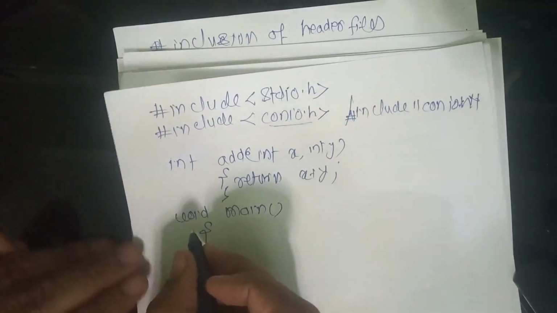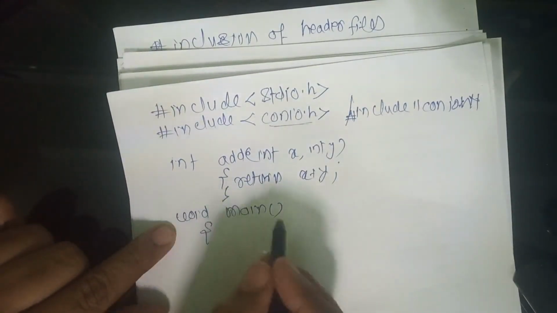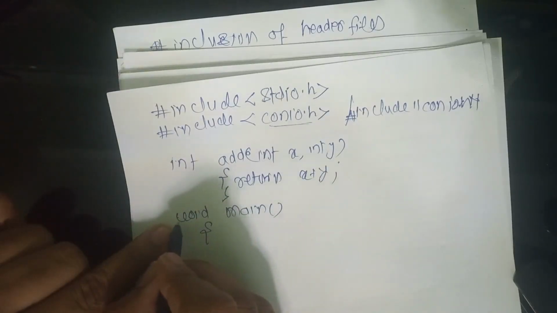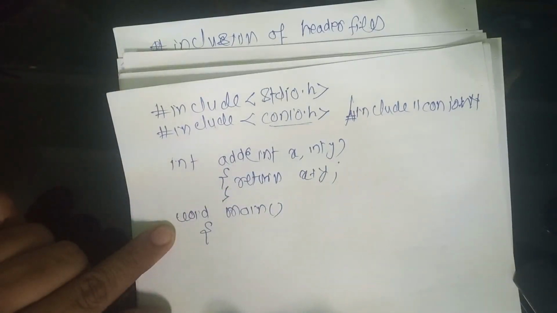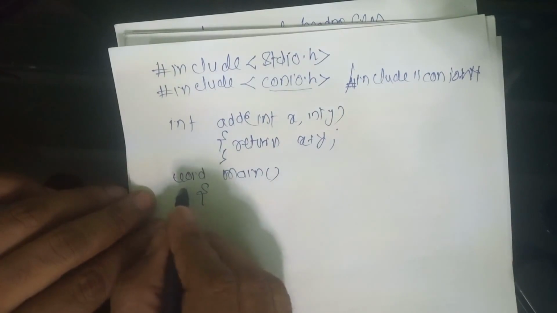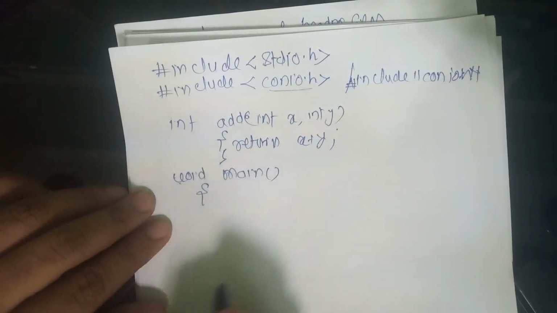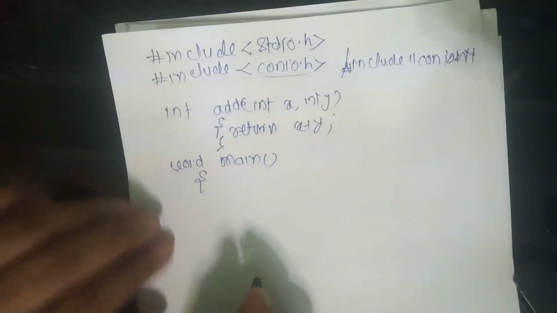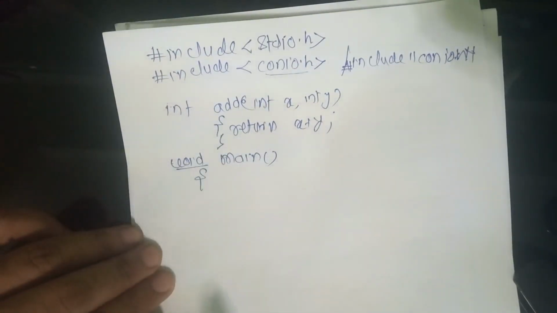In the Turbo C compiler void will work, but in some compilers you have to write int and return 0 for successful termination. So either you don't write anything or write int, but if you are using the Turbo C compiler, then you could also write void.